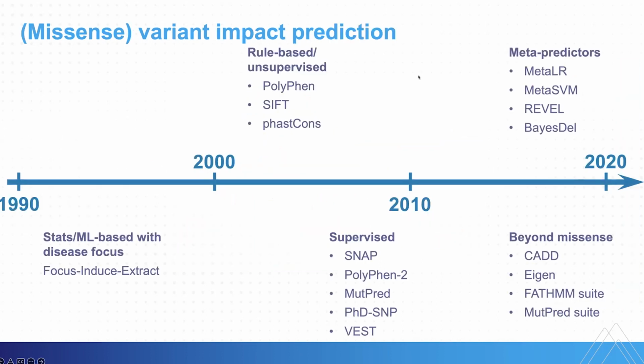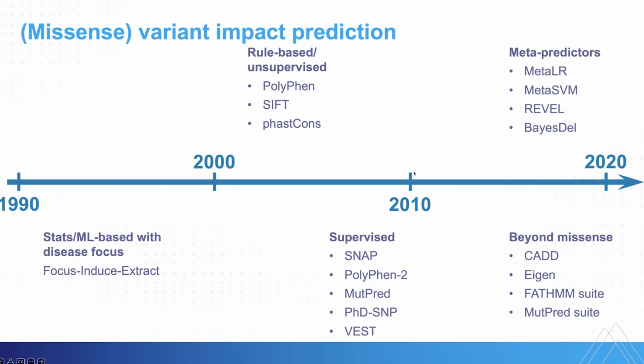This is going to be a very quick and poor attempt at making a timeline of this field, but just to give you a sense of where the field was at, starting with that osteogenesis imperfecta paper. In the 2000s, there was a suite of methods that came out that were largely rule-based and unsupervised, extremely domain knowledge oriented, where empirical rules were derived based off of what was known about disease mutations that were collected until then, and then generalized to make classifications for unseen variants.